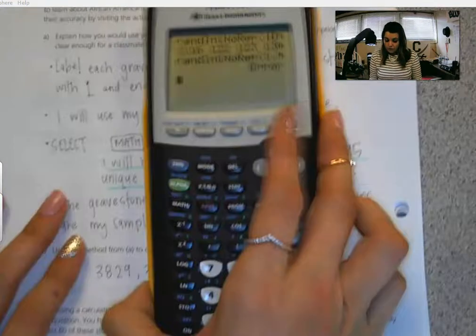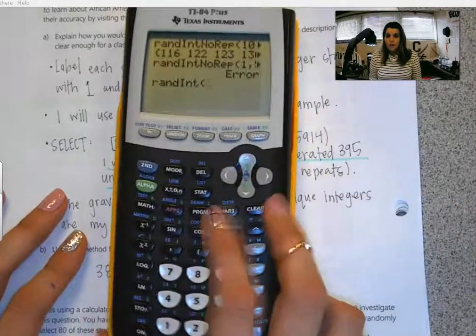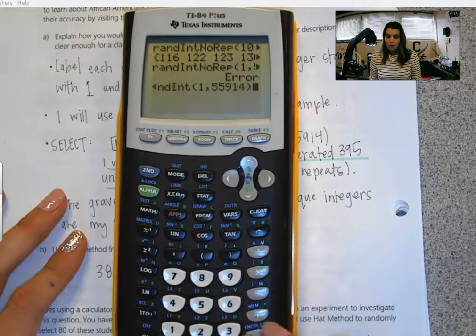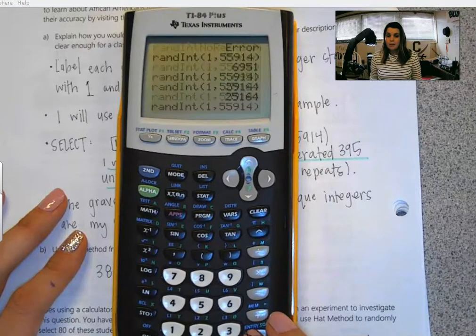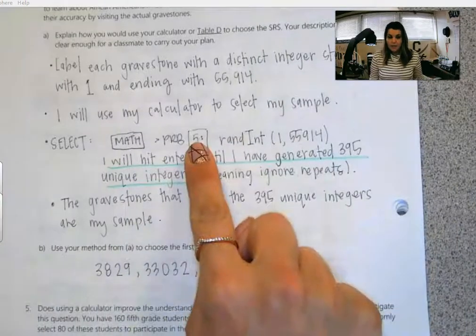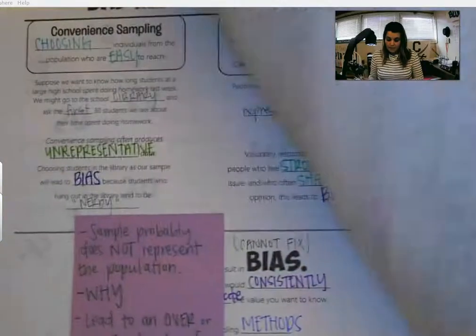So you have to go math, probability, and just generate a random integer, 1 to 55914, and now it will pull one number at a time for you. So the command here is 5, and in our notes we wrote that down, but then we didn't revisit it at all. So I'll just remind you.